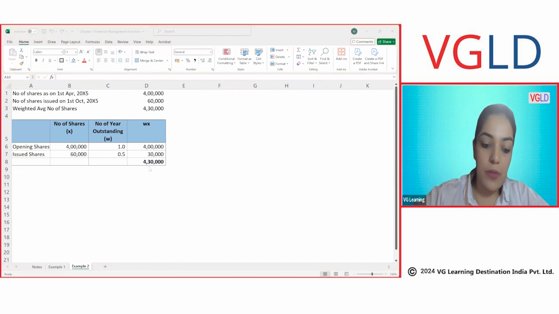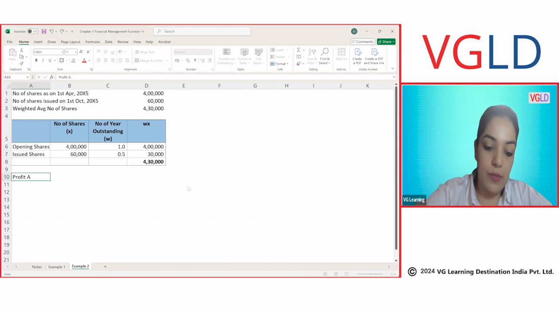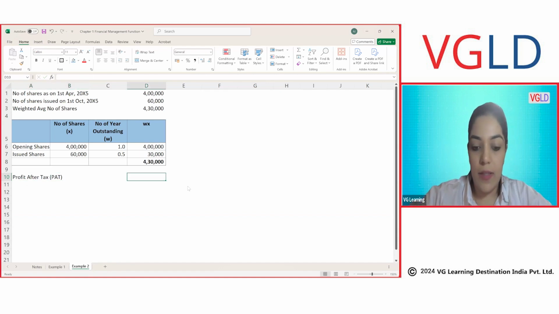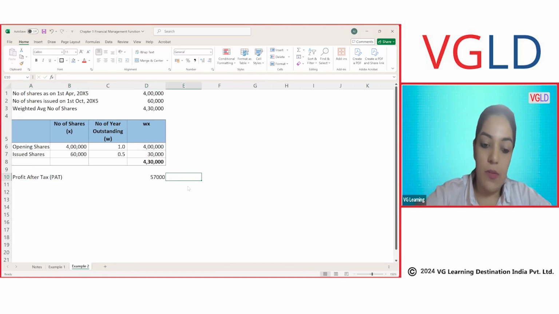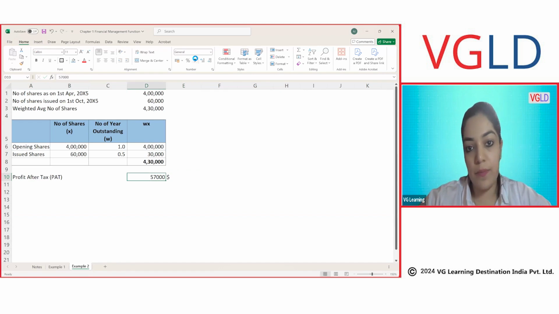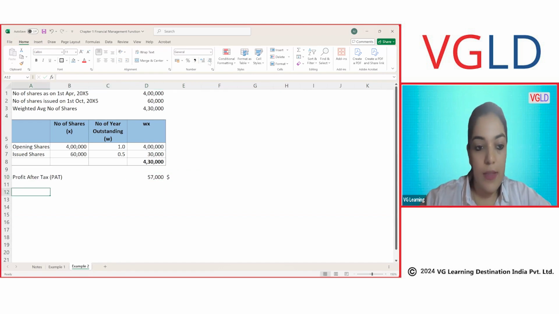Profits were 57,000. So profit after tax, PAT, is $57,000. And therefore, EPS will be 57,000 by 4,30,000.